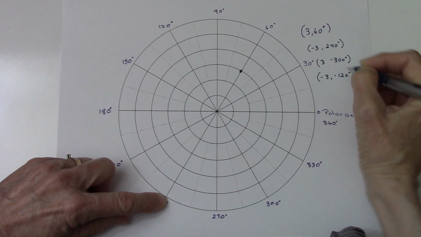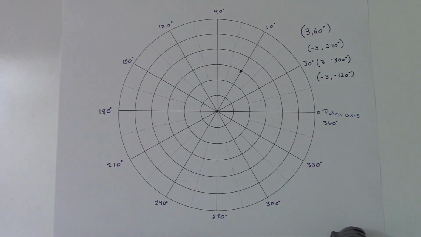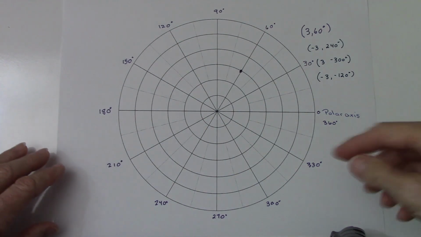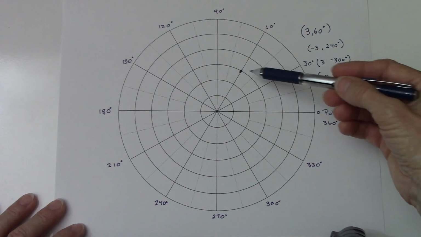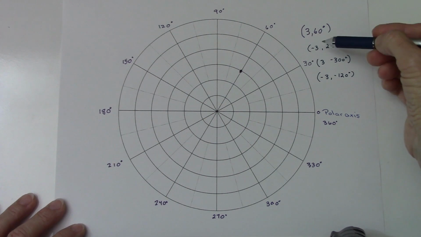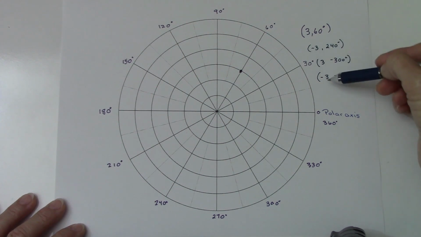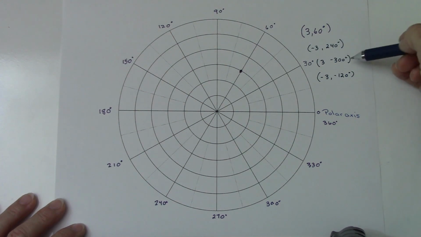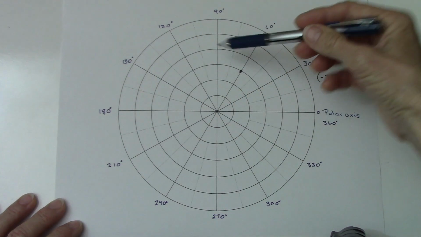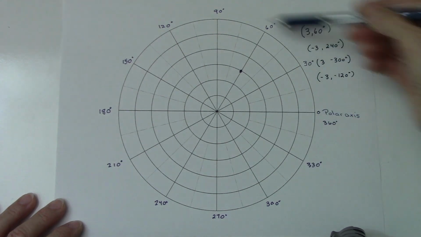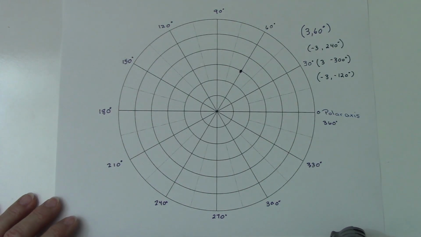So there's actually 4 different ways that we can label every point, or each of the points that are on the polar coordinate plane. Because we have 2 where R is positive, 2 where R is negative, 2 where the angle is positive, and 2 where the angle is negative. Because we can go clockwise 2 different ways, and we can go counterclockwise 2 different ways.